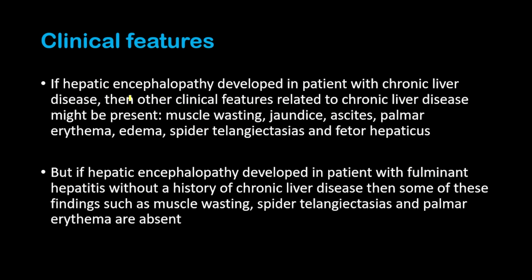Now, if hepatic encephalopathy developed in patients with chronic liver disease, then other clinical features related to chronic liver disease might be present, such as muscle wasting, jaundice, which is yellowish discoloration of the skin and the mucous membranes, and ascites, which is fluid collecting in the peritoneum, palmar erythema, and edema, and spider telangiectasias, and fetor hepaticus, which is abnormal smell.